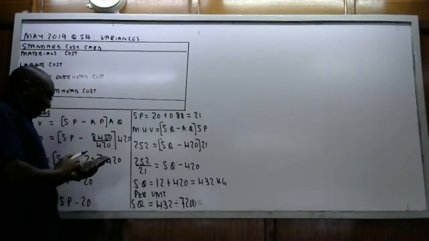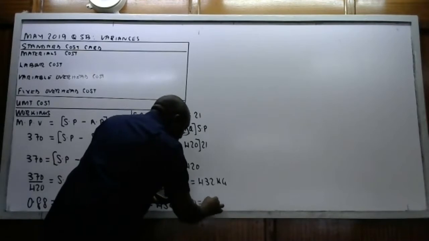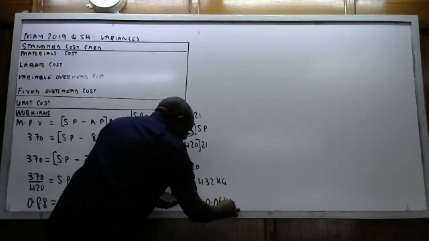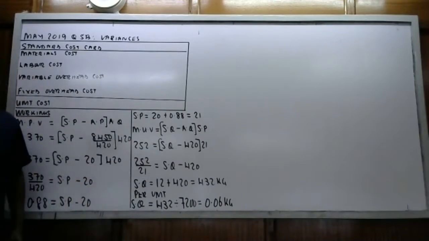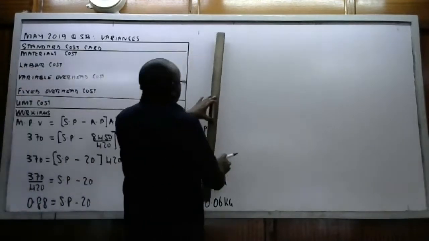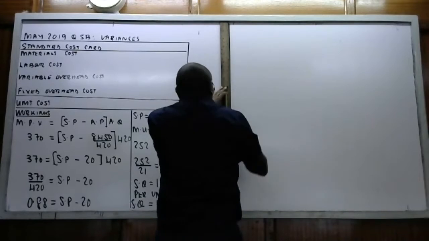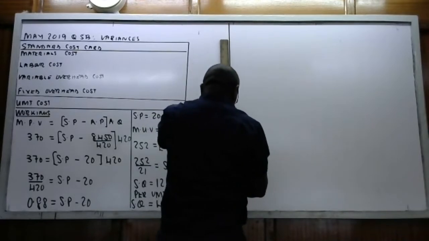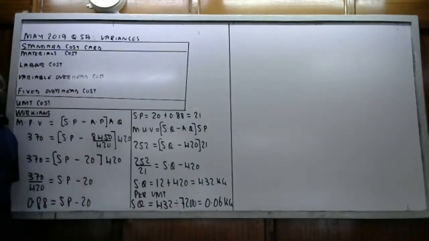So you divide by 7,200. So that is 0.06 kilograms.